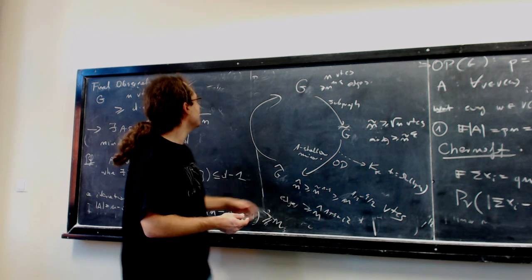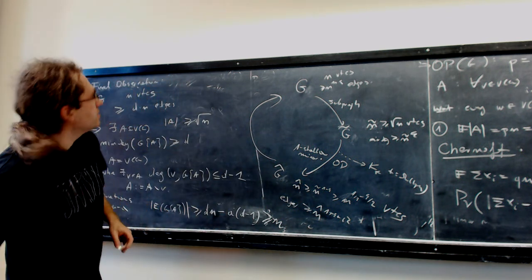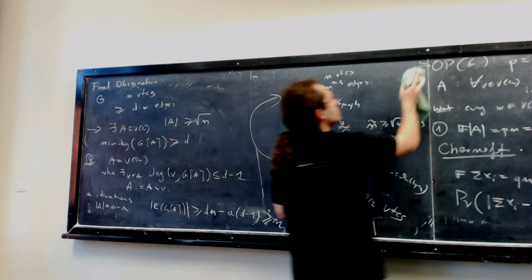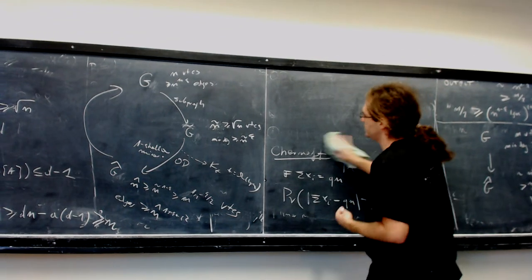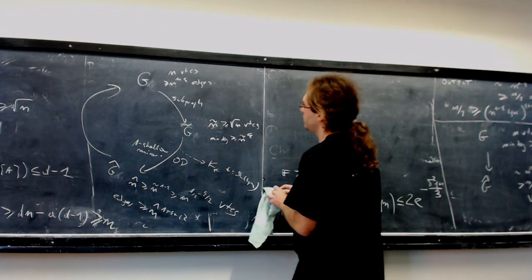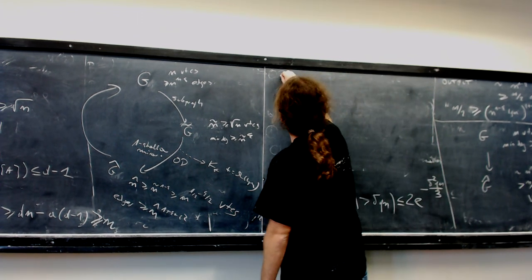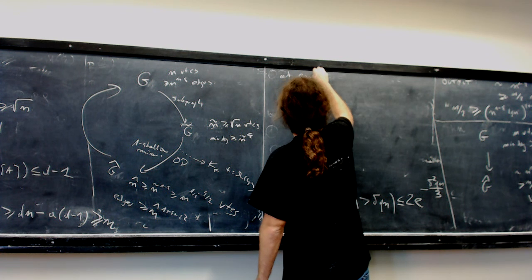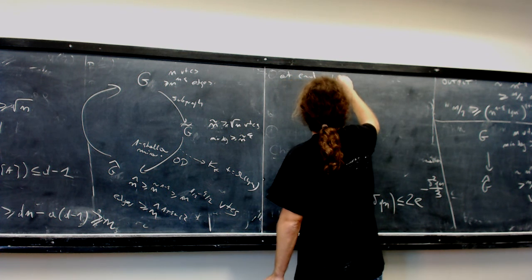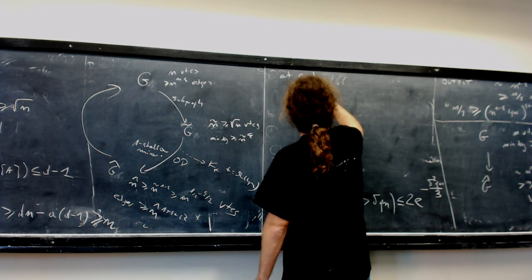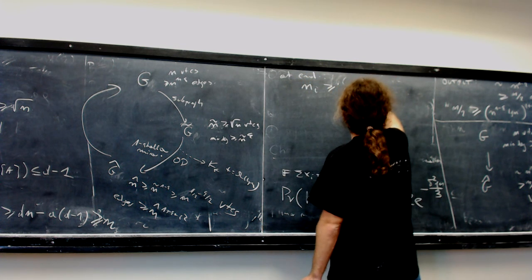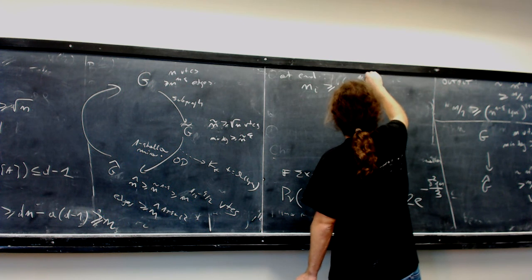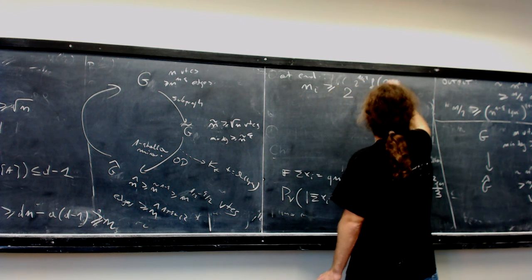Yes, the final thing. Let me write it here. So at the end, the size of V of the n_i needs to be at least like 2 to the 1 over epsilon square times f of 2 to the 1 over epsilon square.